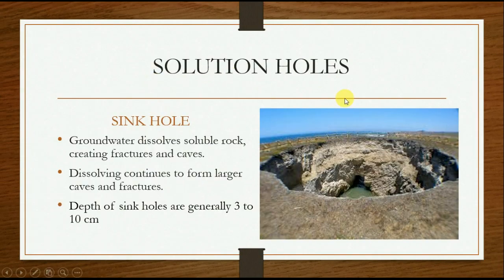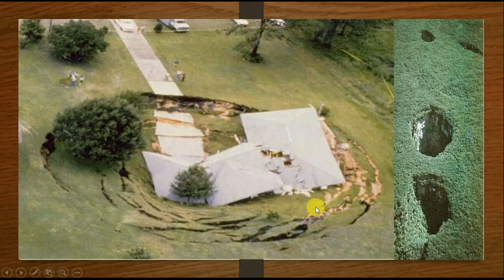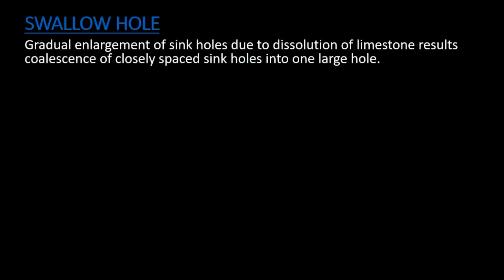There are various solution holes, but their depth and breadth differ, and the name changes on the basis of the size of those holes. Now the swallow hole. After sinkholes happen, gradual enlargement due to dissolution of limestone results in coalescence of closely placed sinkholes. If two sinkholes agglomerate in one place, it becomes a bigger hole, which is called a swallow hole.